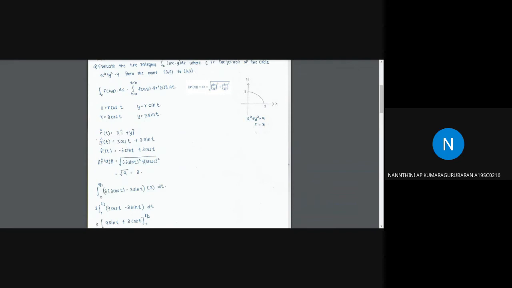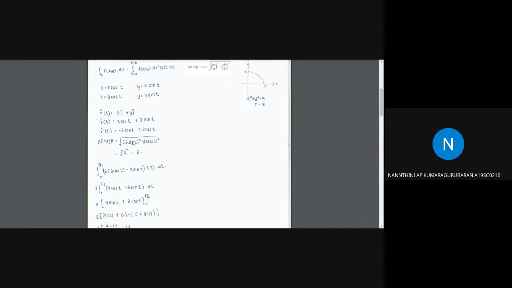So we have to differentiate the vector function. So we get negative 3 sin t i plus 3 cos t j. And then to find the magnitude, it is the square root of (negative 3 sin t) squared plus (3 cos t) squared. So we get 3.